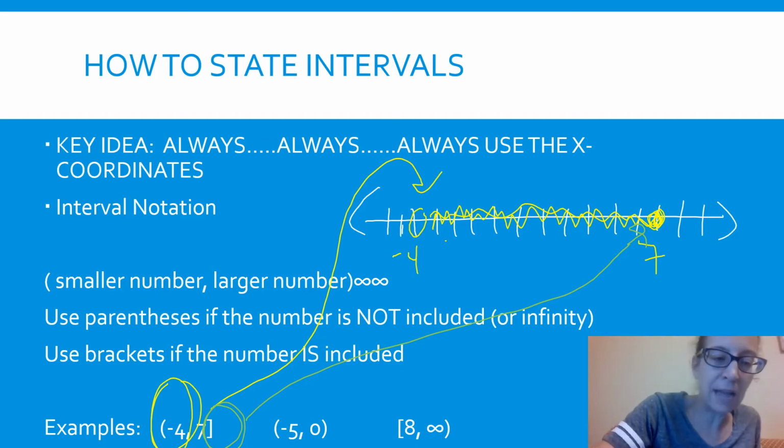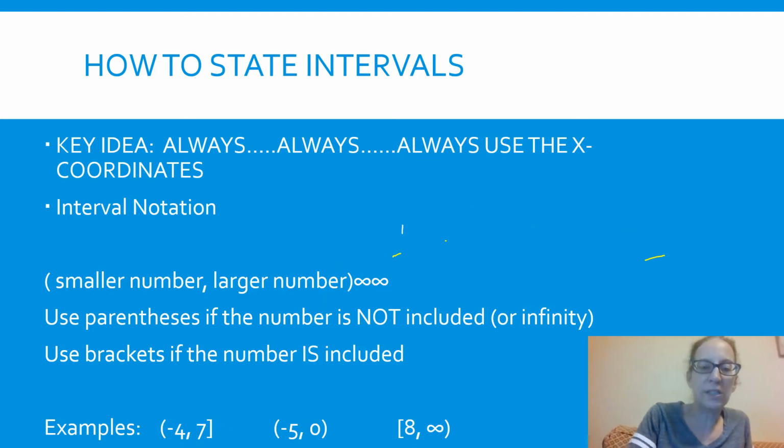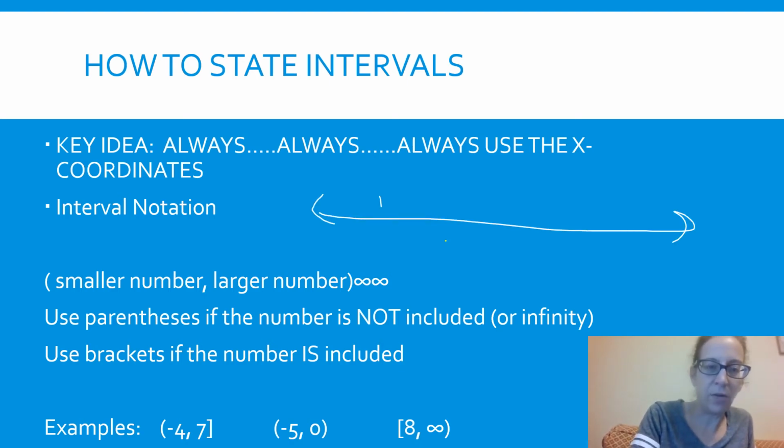All right. Now the next one says -5, 0, and you'll notice that that looks like an ordered pair. I do want to address that briefly, but let's do the interval notation first. There we go. Okay, so 1, 2, 3, 4, 5, 6, 7, 8.